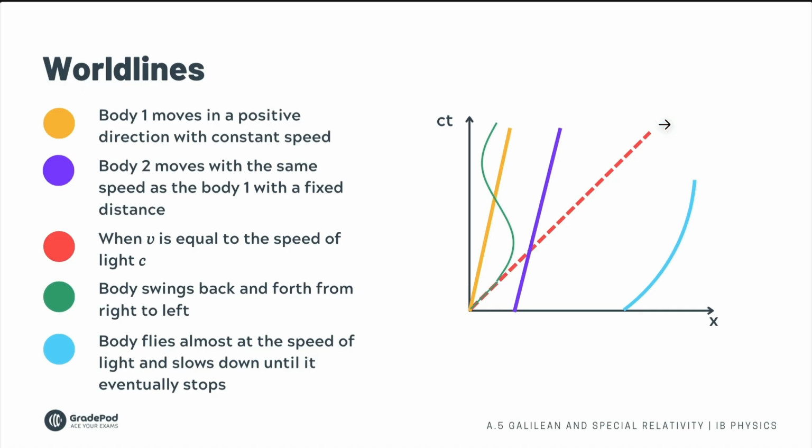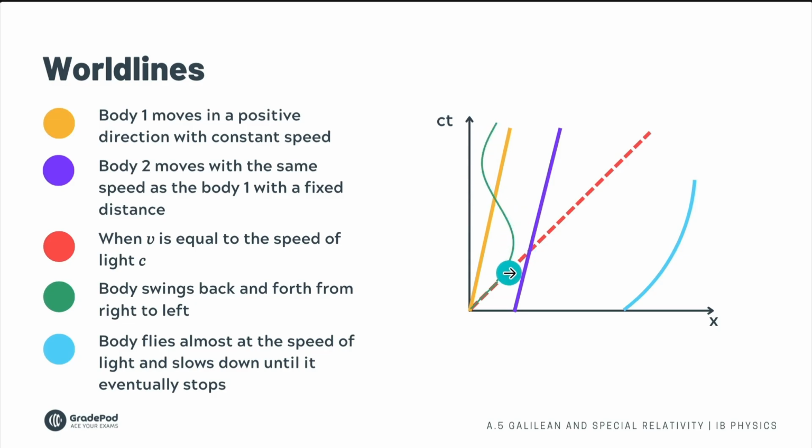This is when the speed of the object is equal to the speed of light, and anything that's less steep than that would be impossible. What we haven't seen before is this squiggly line. This squiggly line here illustrates a body that's swinging back and forth between left and right, and it's accelerating.